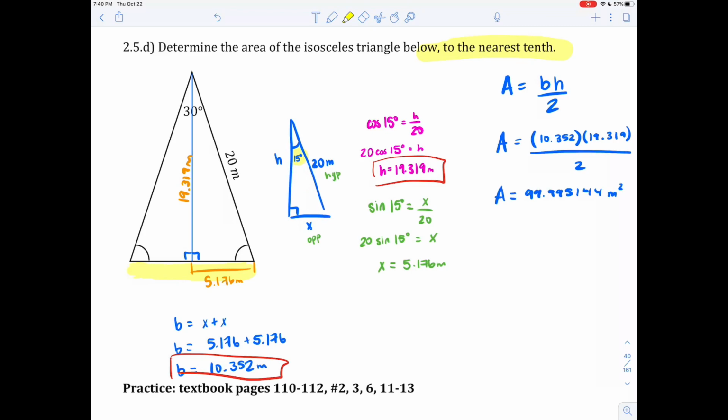If I'm rounding my area to the nearest tenth, I know I'm going to have to round that up, which means I get 100.0 meters squared.